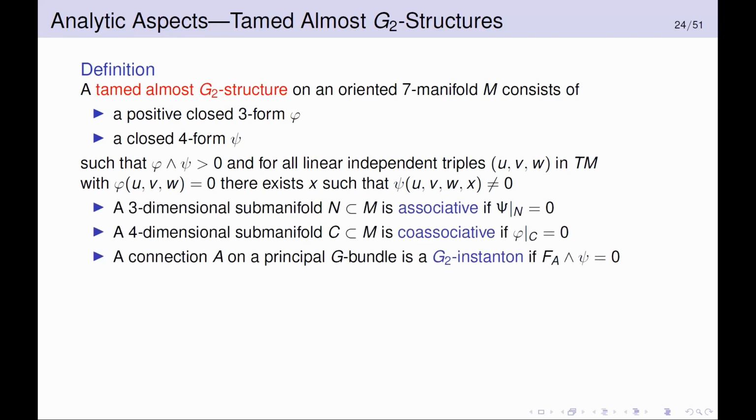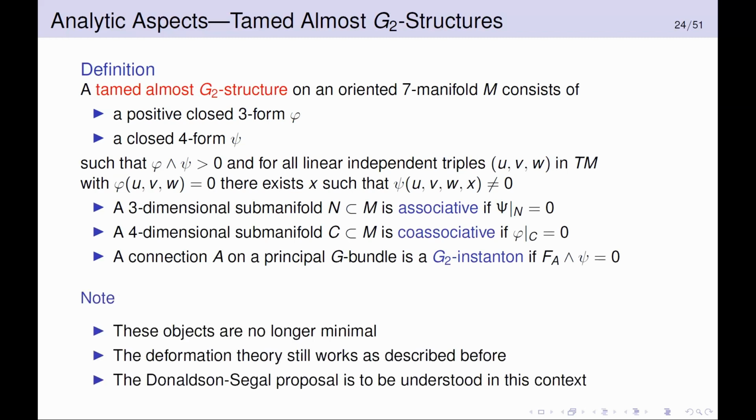And if you do that, you can still define associative and coassociative submanifolds. You can still define instantons. And you hope that in this context, the term generic is actually more generic than it was before. But you should also know these objects are no longer minimal, but the deformation theory works exactly as before. And if you really want to pursue the Donaldson-Segal program, then it's maybe better in this context, where everything is a bit nicer.